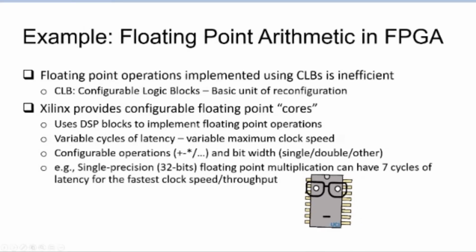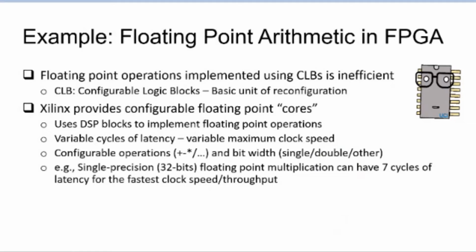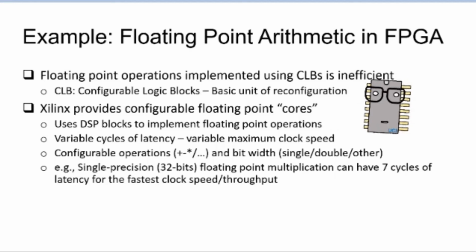And we can see examples. An example of this is floating point arithmetic in FPGAs, and this is something that you will have to deal with in Lab 2 as well. Floating point operations implemented using just lookup tables and CLBs is kind of inefficient. If you remember, CLBs are the configurable logic blocks, which are the basic unit of reconfiguration.